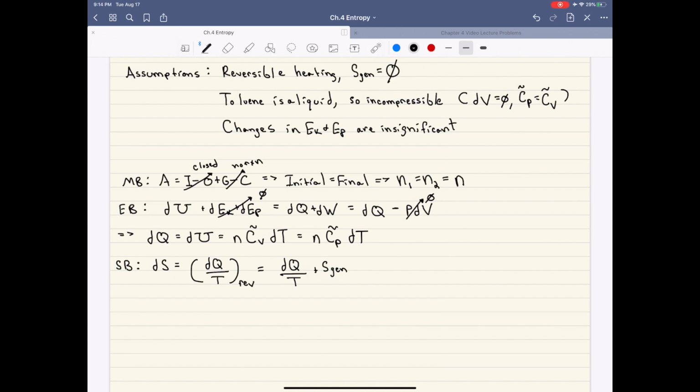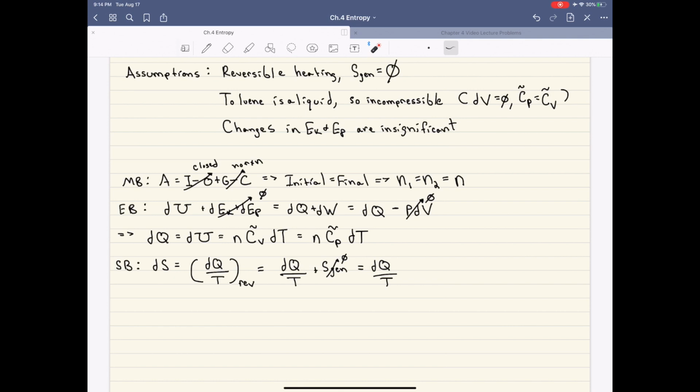So another way to think about it is, if we look at the right-hand side of the entropy balance, all we have to do is just cross out the Sgen term, and that's equal to 0. And so on the right-hand side, we're just left with dQ over T. So we have dS is equal to dQ over T.